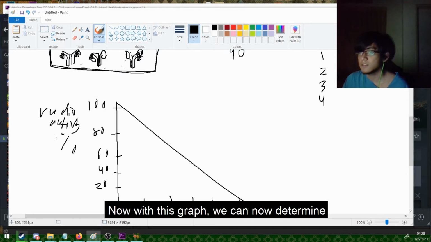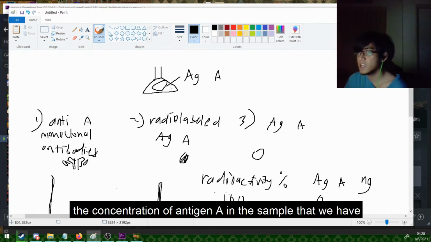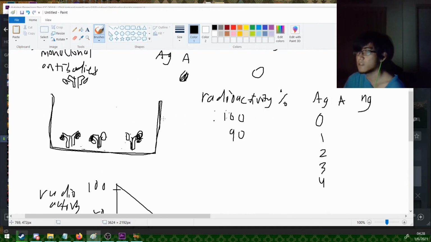Now with this graph, we can determine the concentration of antigen A in the sample that we have.